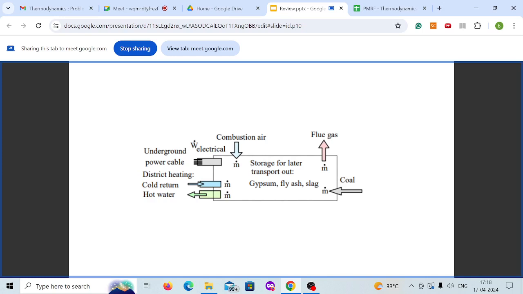The cold water and hot water come in for district heating, and whatever heat is generated is used to produce work. That work is converted into electrical energy and is taken out as electrical work using an underground power cable. So you have simplified the whole system into just whatever is coming in and going out. Using this we can estimate and calculate the efficiency of the power plant, and so on.